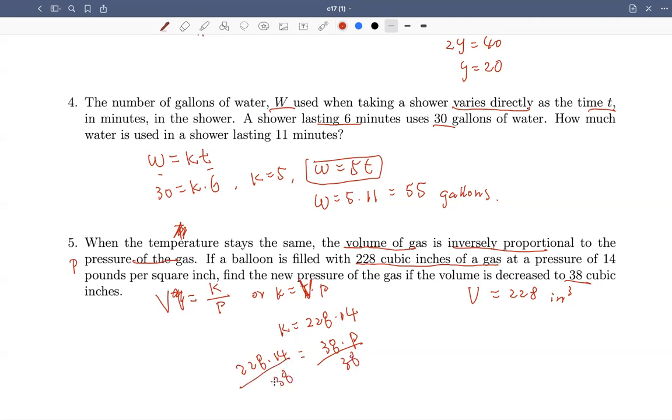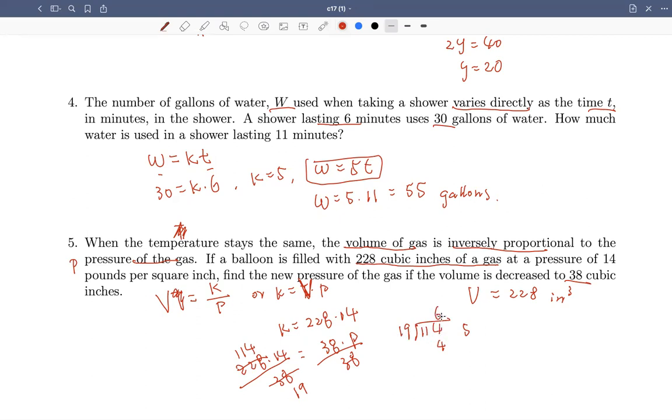How do we do that? Well, first let's divide by 2. 38 divided by 2 gets 19. 228 divided by 2 gets 114. Does 114 divide by 19? Let's try. Maybe 6. 6 times 9, 54, carry 5.